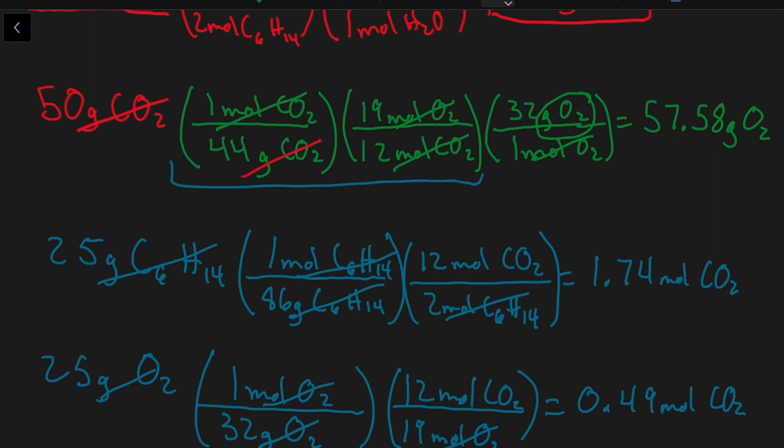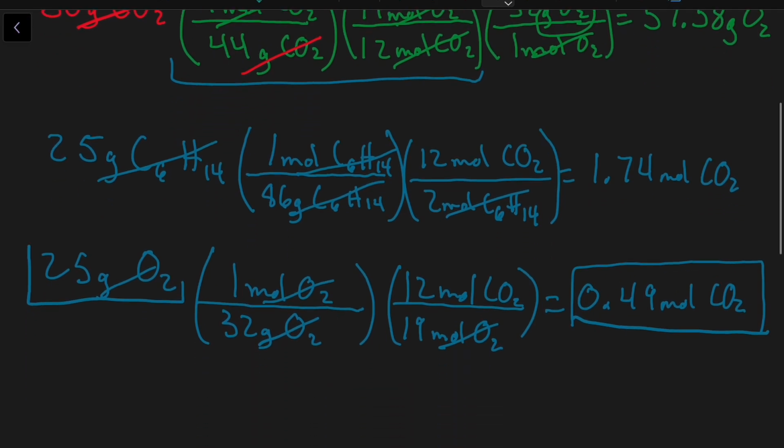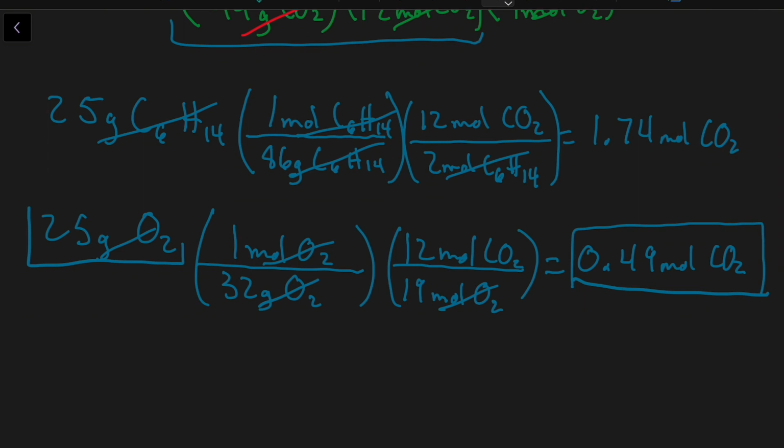So now you will have to compare the amount of moles produced by both reactants. Okay? And you'll notice that this is the least amount of product that is produced. So this is the limiting reactant. So that means that this amount of moles is actually what is done during the reaction. So now you can convert that amount of moles into grams, and you will be obtaining the final answer for that question.